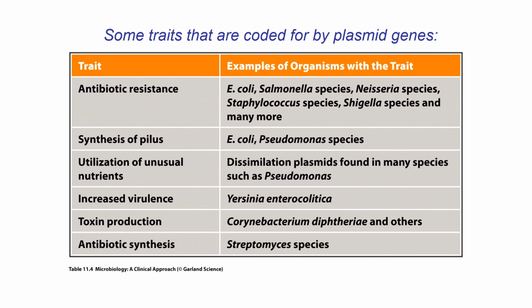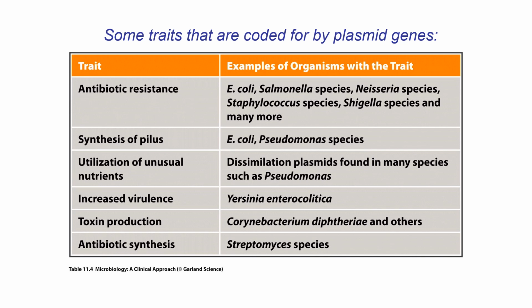A pilus is a hollow tube that can be used to transfer DNA from one cell to another. So let's imagine that we have a cell that has a plasmid that contains genes required for antibiotic resistance, and it also has a plasmid that contains genes that allow for the construction of a pilus. Well, now this bacterium can form a pilus, and it can transfer the plasmid that conveys antibiotic resistance to another cell, sometimes even a cell of a totally different species.